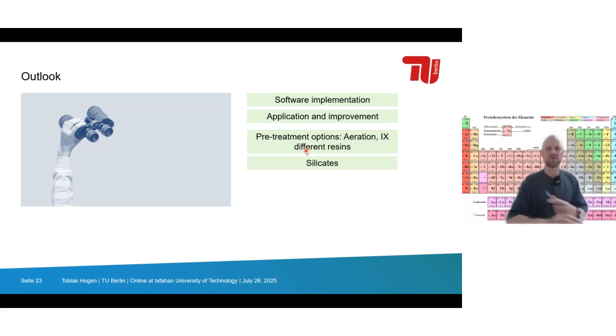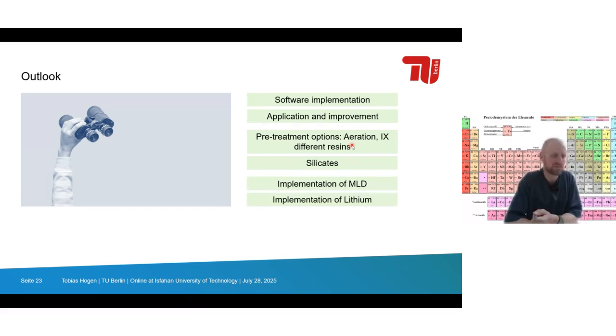I also found out that there are some pre-treatment options that should be implemented to cover a broader range. It's like erosion for dehardening, ion exchange, different resins, and silicates treatment, of course, is an important aspect that is now not yet 100% covered.